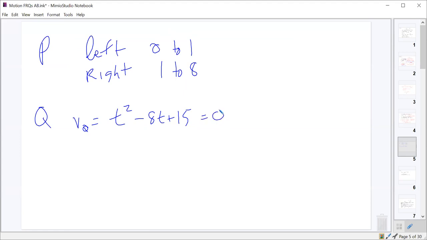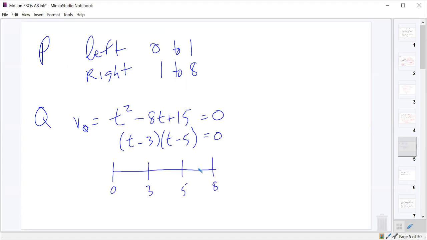So set it equal to 0 and factor: (t minus 3)(t minus 5) equals 0. And so it can only change signs at 3 and 5. We'll just test values of the velocity between 0 and 3, 3 and 5, and 5 and 8. That makes sense to everybody? Yeah.